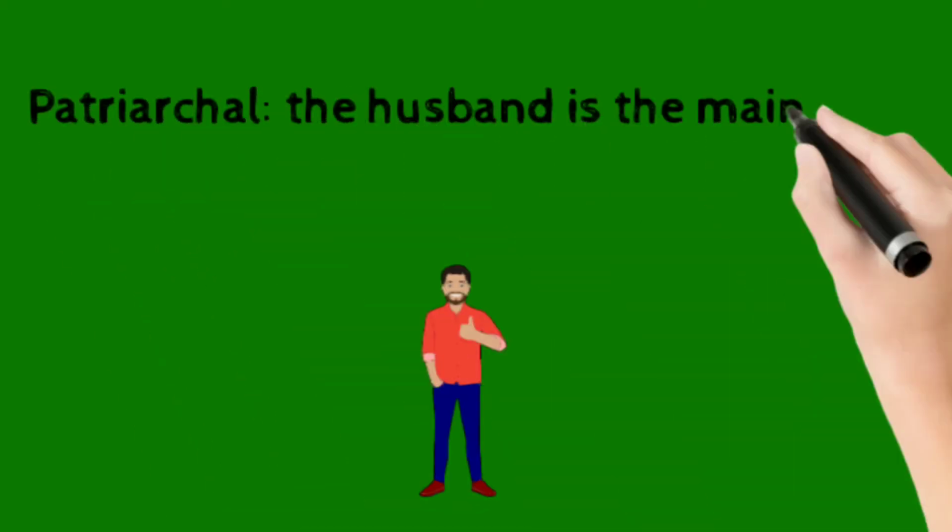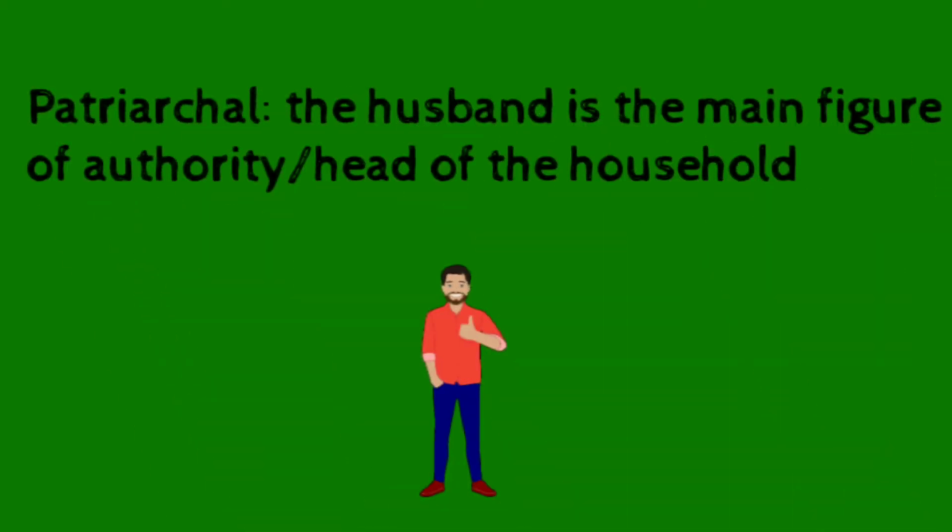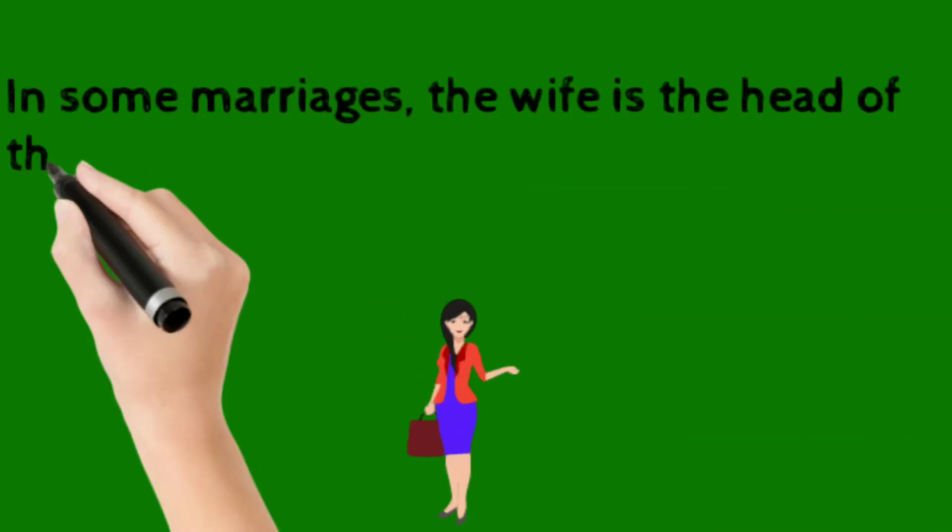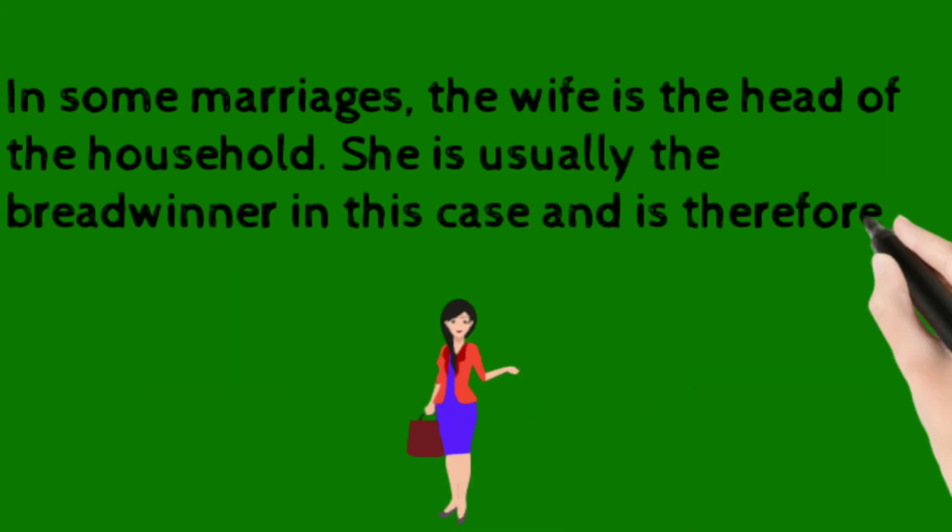If the man is the head of the house, the word we use to describe this is patriarchal. In some households, it is the woman that is the head, because usually the wife is the one that is working, the breadwinner, the one providing for the family.